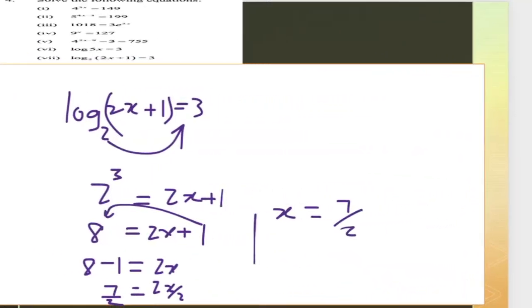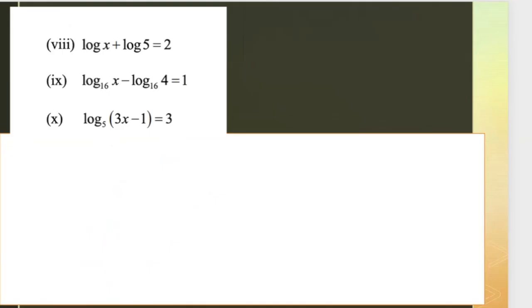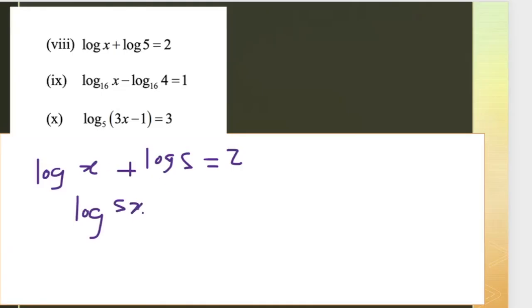Now the next one that we have here, if you have 2 logs, so we have log x plus log 5 equals 2. Get it as 1 log first. So when you add, you multiply. So you write the log as one, and x times 5 is the same thing as saying 5x.